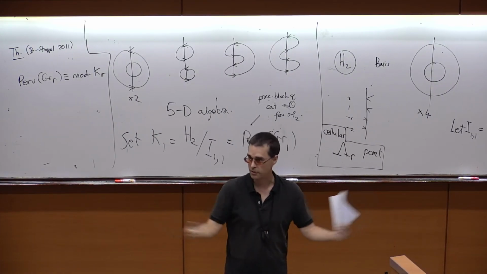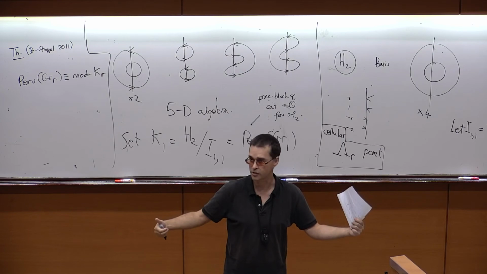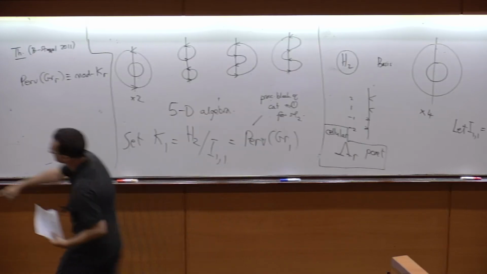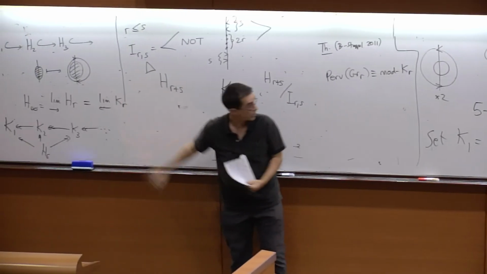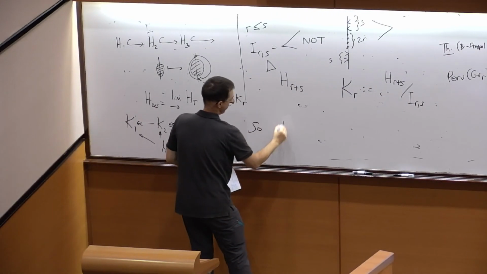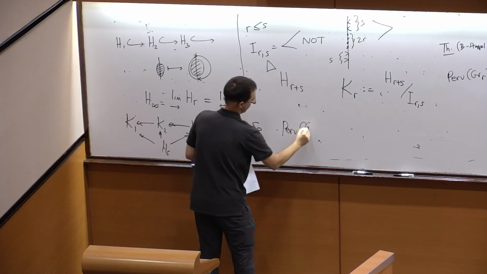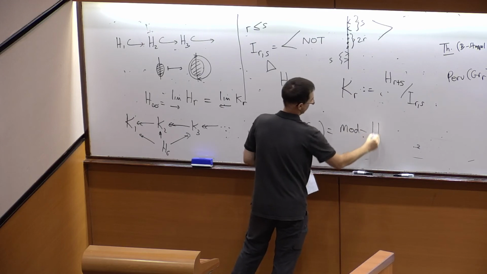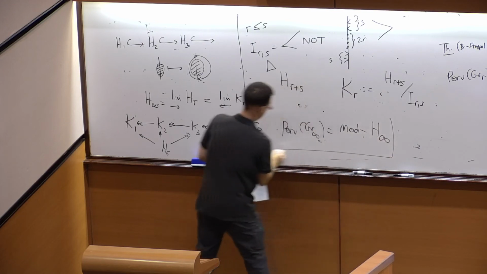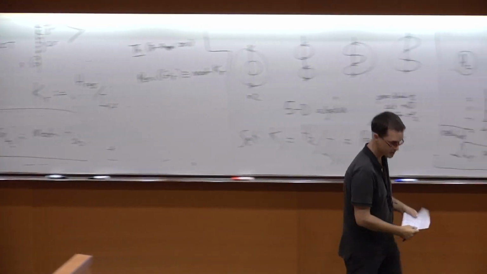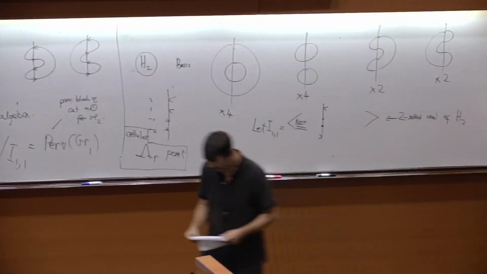And this is this perverse sheaves on Grassmannian infinity being this direct limit of perverse sheaves on all the Gr_R's. This is what these K_R's realized as quotients. So you see that this category is very elementary.